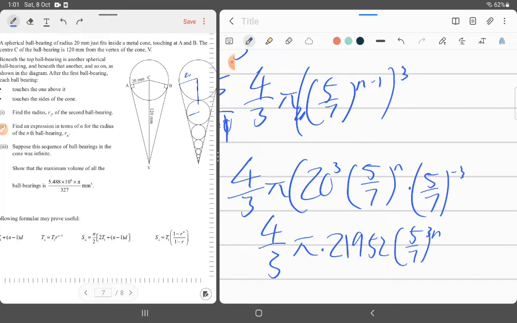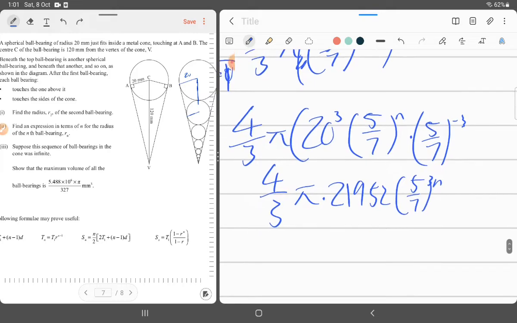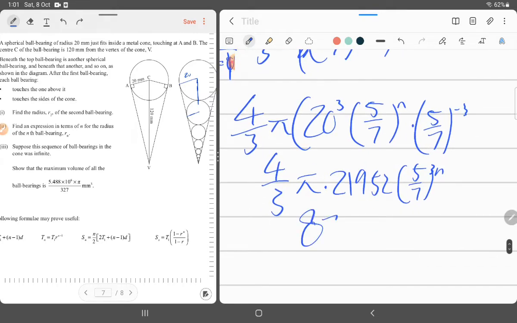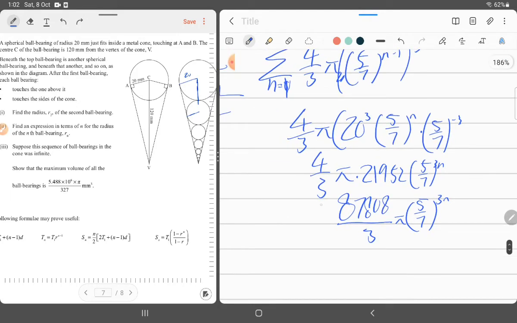I can't, okay. 87808 over 3 pi 5 over 7 n. Sum from n equals 1 to infinity.